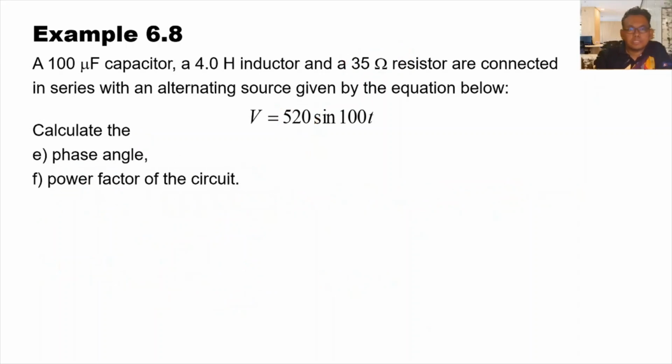Okay, question E asks us to find the phase angle. This is the symbol of phase angle, and phase angle is equal to inverse cos of resistor divided by impedance. We already have those, so we just substitute. Very simple. This is the R, 35.